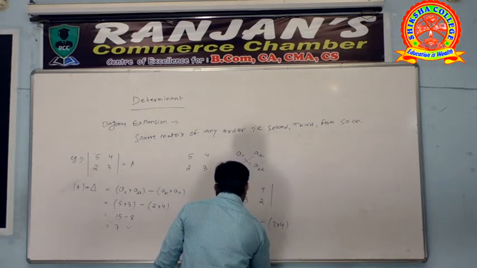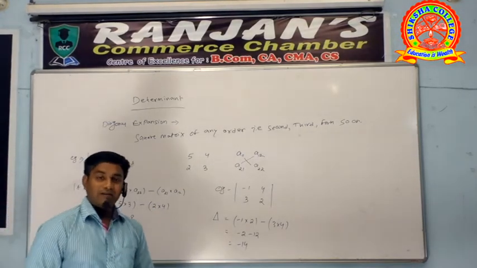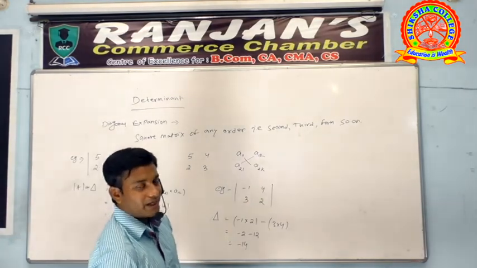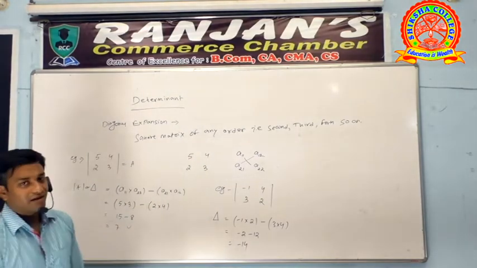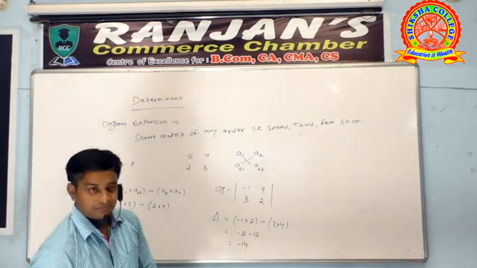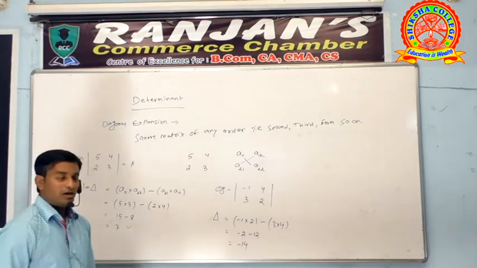So here it becomes minus 14. As I said, the determinant can be any numerical value, positive, negative, any integer. It might also be 0. 0 can also be the value of the determinant. Okay, clear students? So that is how to find the determinant of a second order matrix.